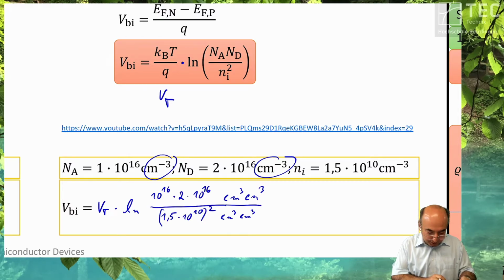I'm just trying to calculate this equation using my fancy pocket calculator.